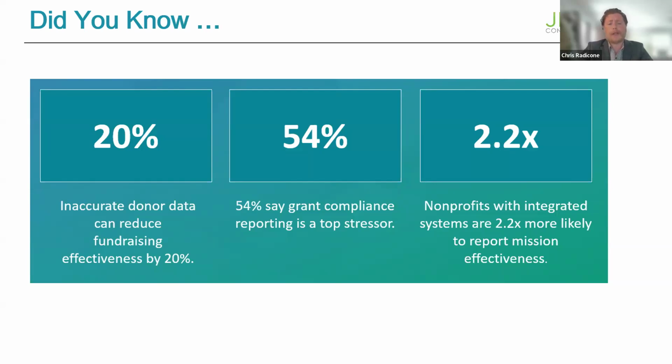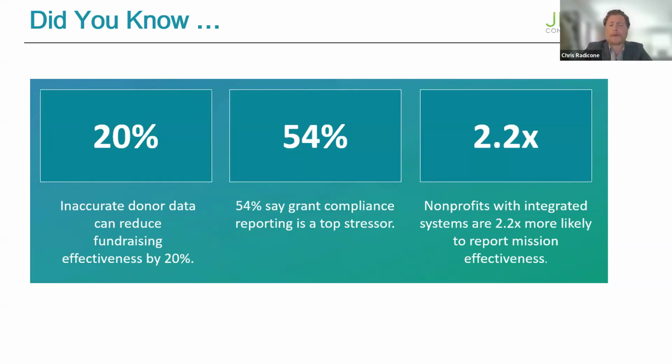If you have inaccurate donor data, you're spending your time trying to fundraise to these folks, and you're not getting back the return that you think you might. You assume you have X number of donors in your database, but it turns out no one has done an update on who is available, who is still donating, and unfortunately, some can pass away, and that is not updated in the system. So you think you're doing this outreach and expecting a return, but that may turn out not to be the case.